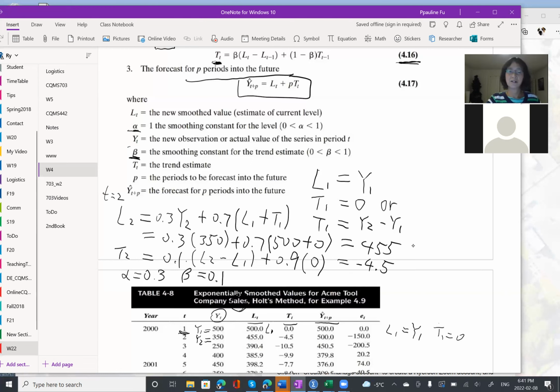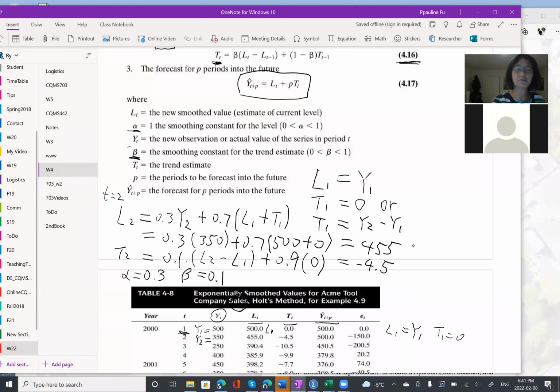You keep on with the same method, going on to get L3, T3, L4, T4. You get all these numbers. Once you have these numbers, you can make a forecast for Y. This is the forecast for Y hat. You can forecast Y hat P periods into the future.